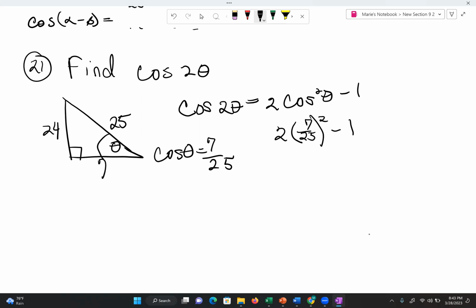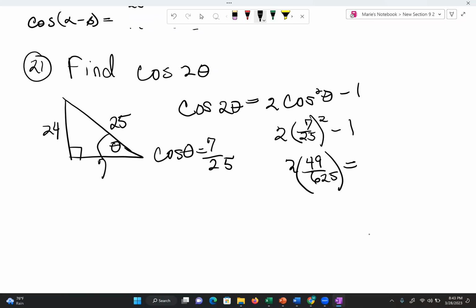And doing a little mental math, this is 2 times 49, I believe it's over 625, which if you do the math, let's see here. So we're going to go with, where's my calculator? You would think I have it out.